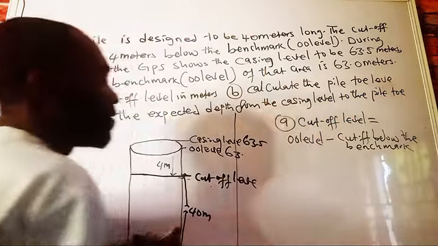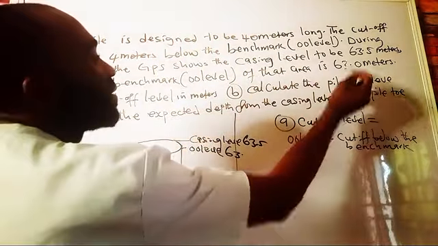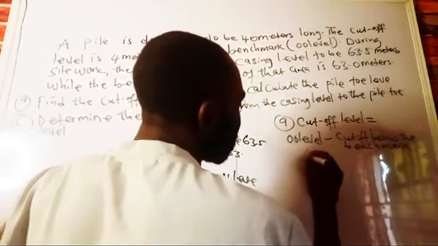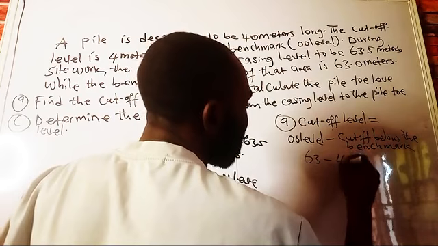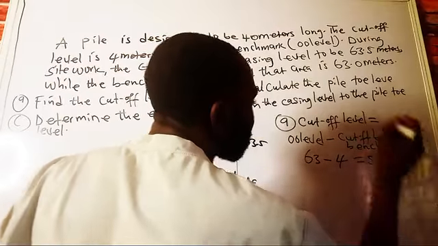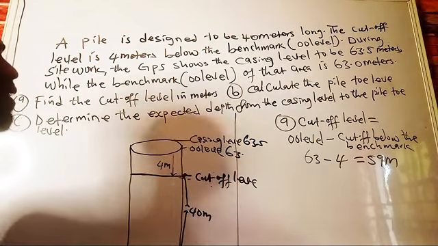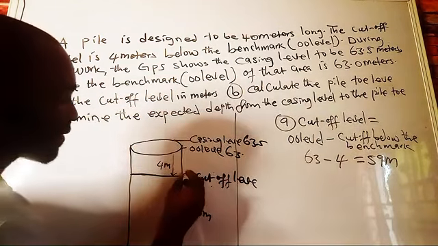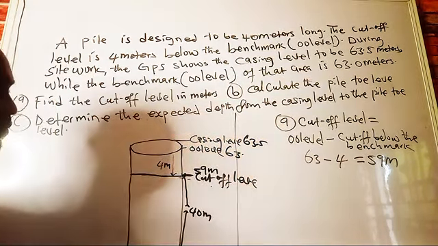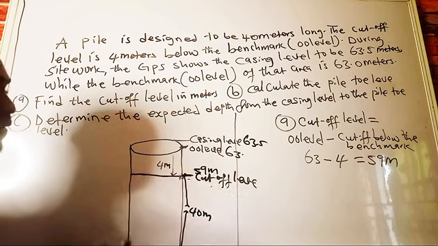Our zero level is given to be 63. So that would be 63 minus 4, and this will give us 59 meters. So that is the cutoff level. Here is 59 meters down. If here is 63, and you reduce 4 meters, here will be 59, right?